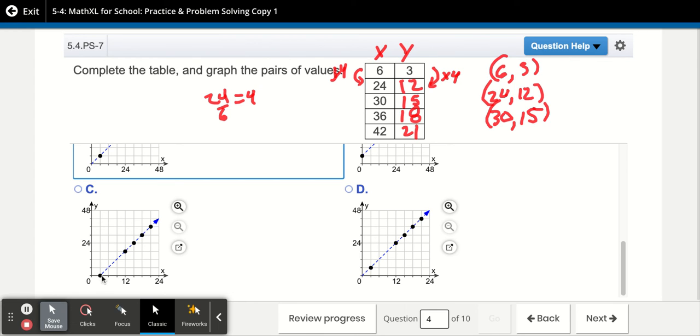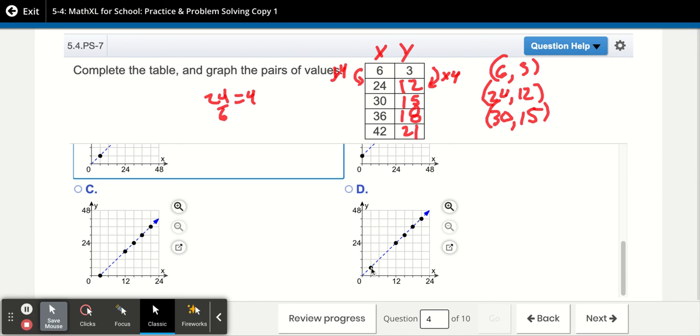So that's 3, 0. That's not going to work either. And you'll notice the second point should be at 24, 12. Our numbers are smaller here, where the x value should be larger than the y value, so that's not going to work.